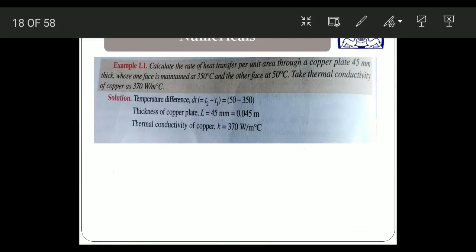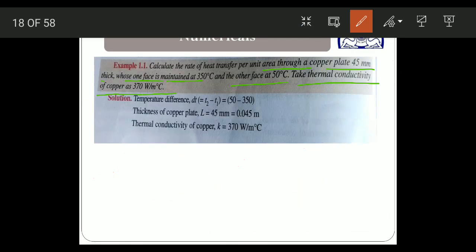Now what does this example say? Calculate the rate of heat transfer per unit area through a copper plate 45 mm thick, whose one face is maintained at 350 degrees Celsius and the other face is at 50 degrees Celsius. Take the thermal conductivity of copper as 370 watt per meter degree Celsius.